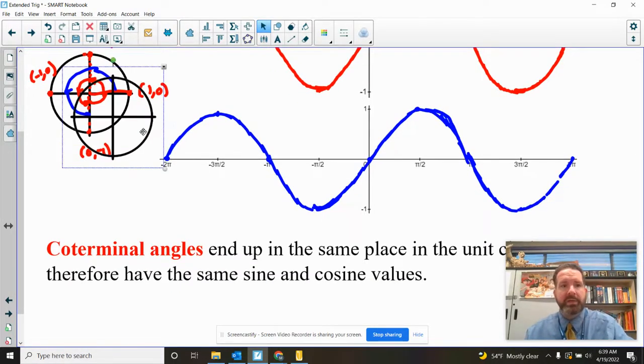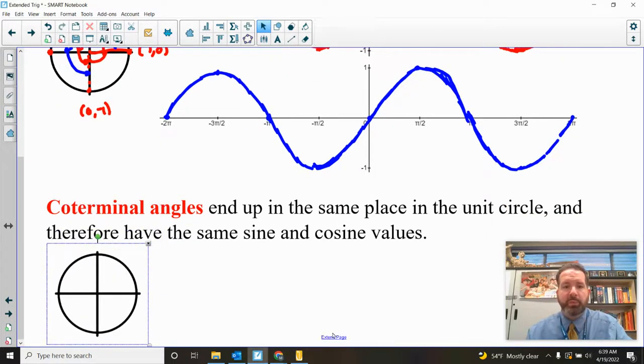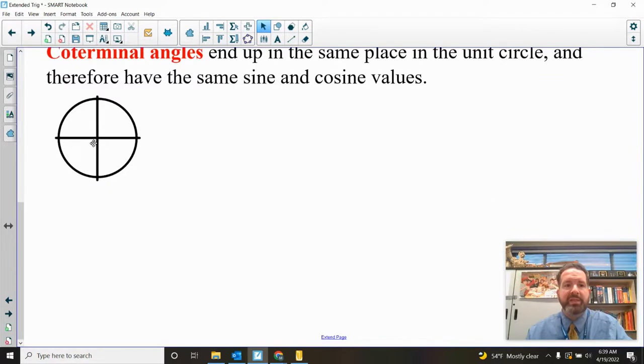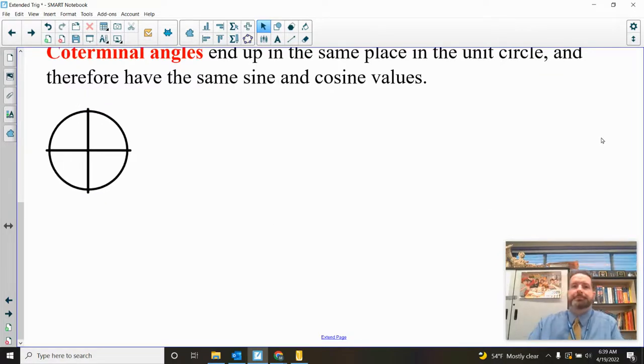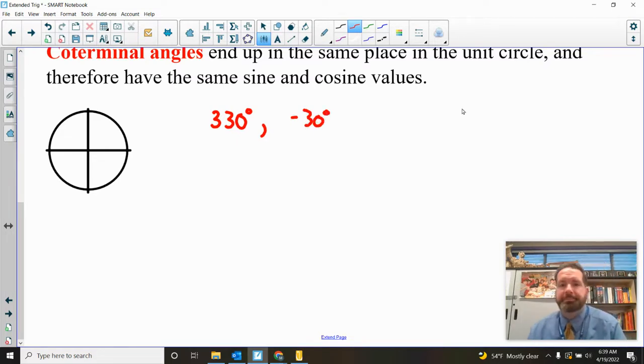I'm going to copy my unit circle, give myself a little bit more room. I want you to imagine these two angles. Let's go in degrees just for practice. 330 degrees and negative 30 degrees. 330 degrees, that's not quite a full rotation.